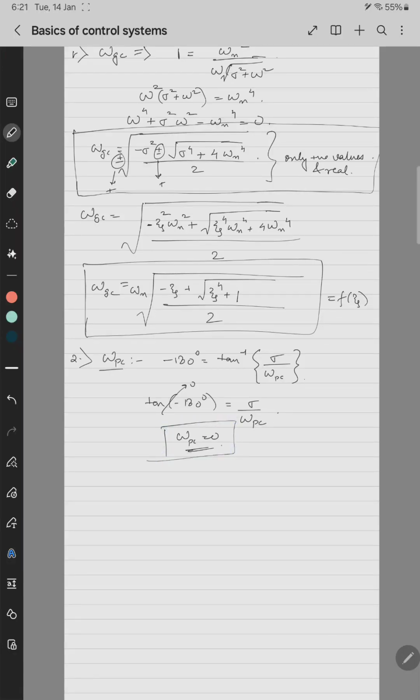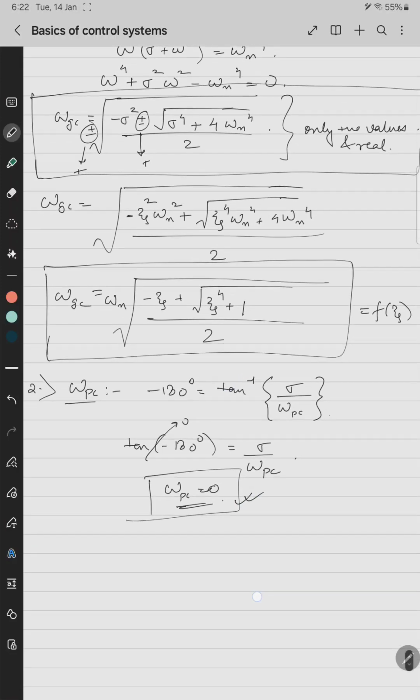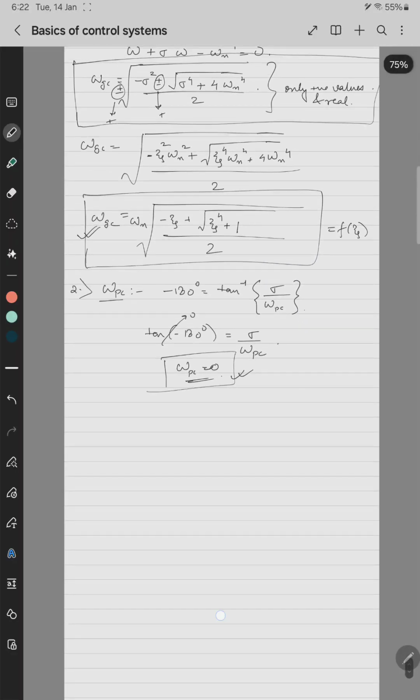So this is another reason why phase crossover frequency or gain margin may be optional, but gain crossover frequency and phase margin are needed for control design. So third is the phase margin.